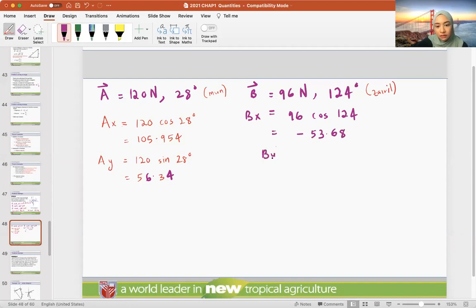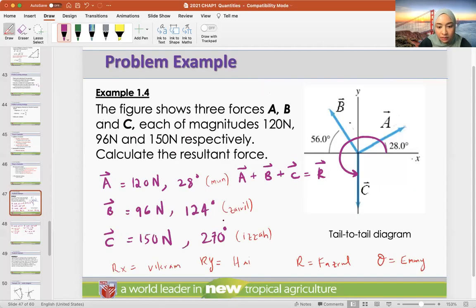BY is 96 sin 124. Okay. Equal to 79.59. Okay. Thank you, Syafika. Next one is C. Izzah.